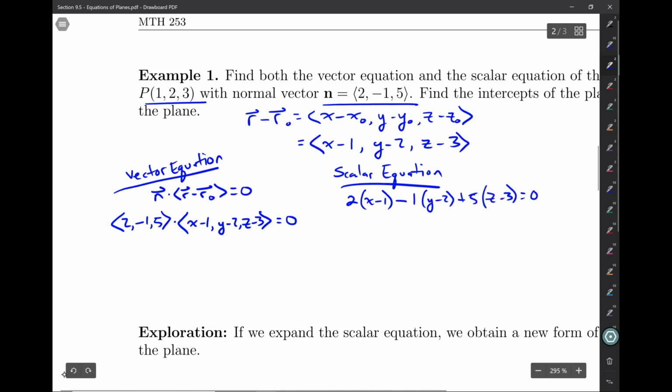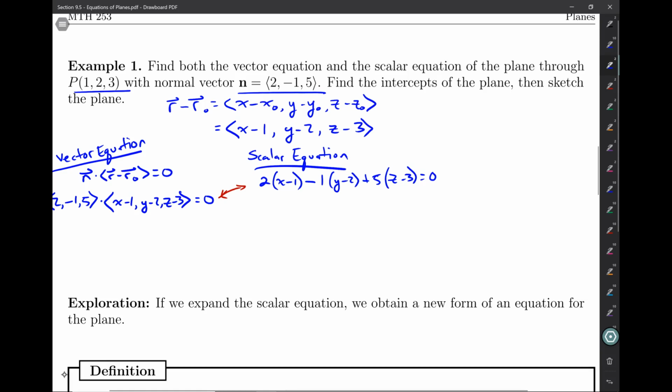That's equal to 0. That's simply working out this dot product. Now this actually gives us our scalar equation, and this is it. There's our scalar equation, there's our vector equation. They're simply a step apart from each other, and they both represent equations that would give us this plane.